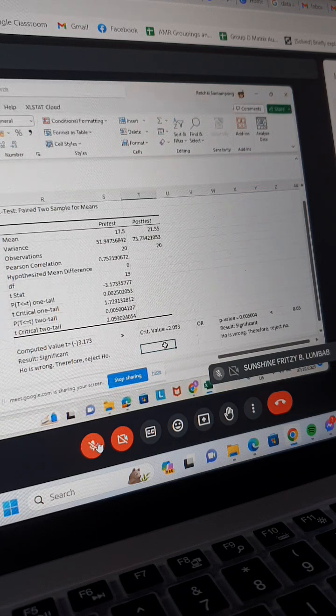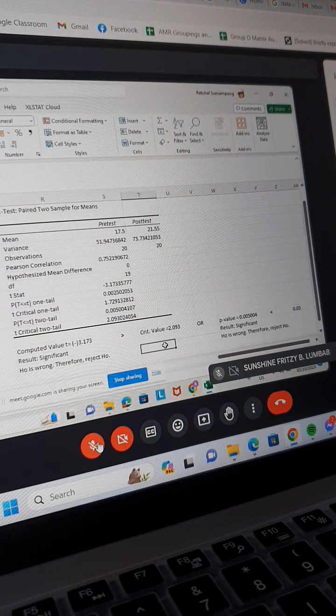But in the use of software, there is no plus and minus being indicated. It is presumed that if you have the negative value, it is supposed to be negative, but what is given is not negative. So therefore, enclose the negative sign and it will lead you to the analysis that the pre-test is lesser than the post-test. But comparing to the positive critical value, ignore the negative sign.